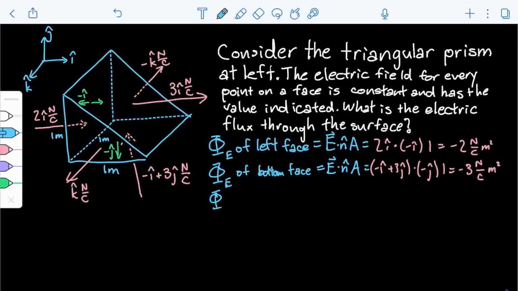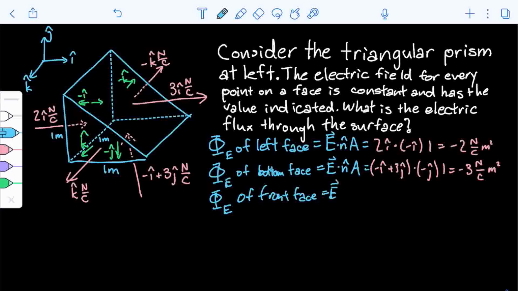Let's speed through these more quickly. Of the front face, the unit normal vector is going to be k hat. The back face, the unit normal vector is going to be negative k hat. Either way, it's symmetric, since they were defined symmetrically.